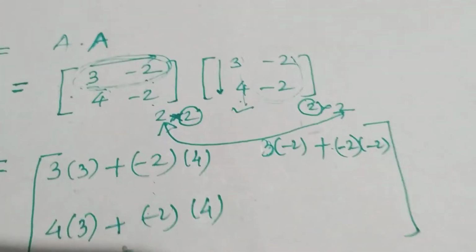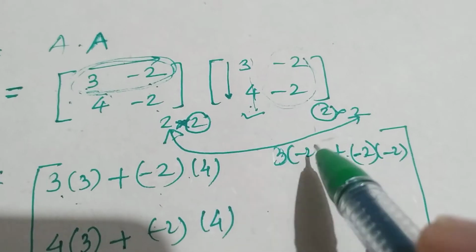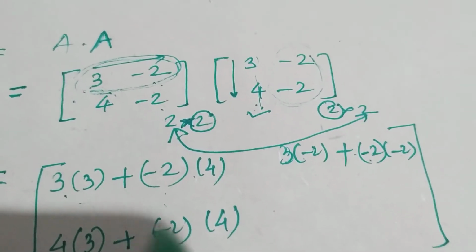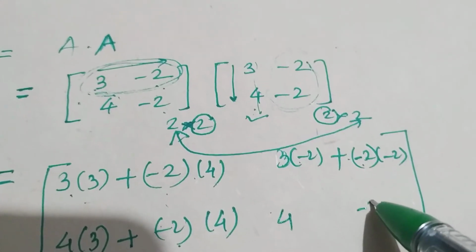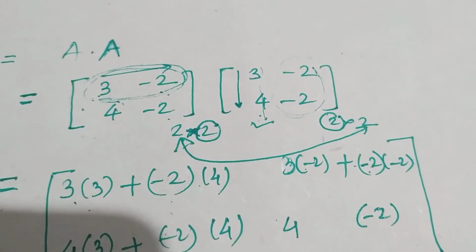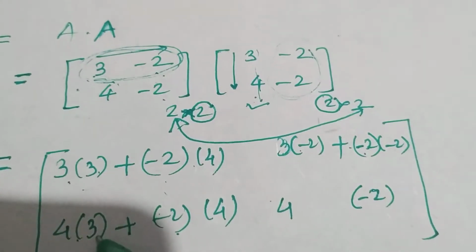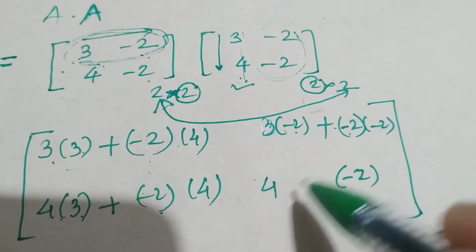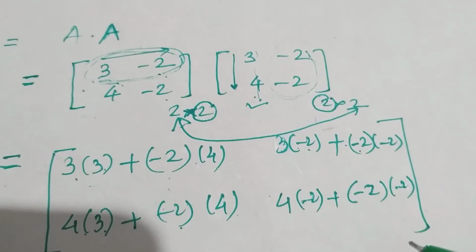Then we have a trick: the horizontal elements 3, minus 2 and 4, minus 2 are the same, and the vertical elements are the same. Here 3 and 3 repeat, 4 and 4 repeat, so minus 2 and minus 2 should repeat here also.